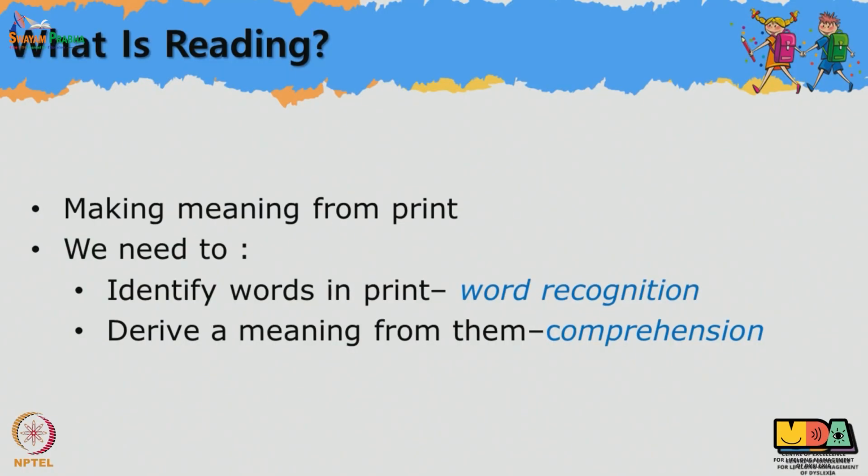In this module, we will be seeing the various skills that are necessary for a child to become a fluent reader. We will also see how to impart these skills to the child with dyslexia to make him a fluent and efficient reader. Let us now first understand what is reading.